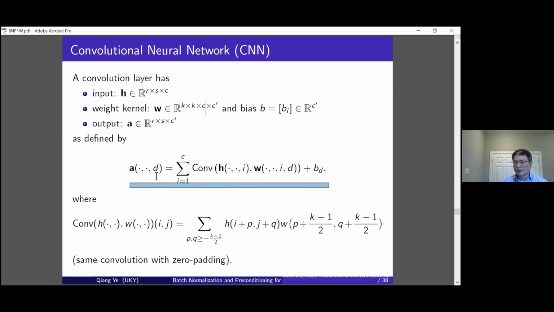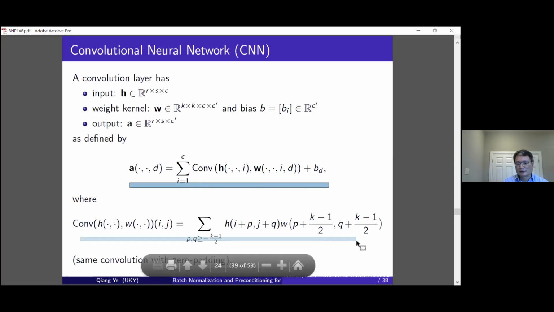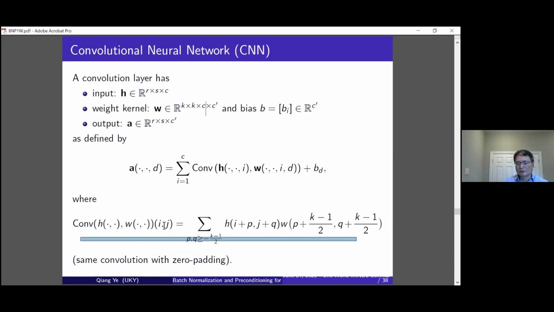For each fixed output channel D, for each input channel I, you take the 2D convolution of the input H with the weight in the first two dimensions, also referred to as spatial dimensions, and then sum them over all the C channels, plus the bias for D. This convolution is defined here, what we call same convolutions, where the output is the same size as the input.